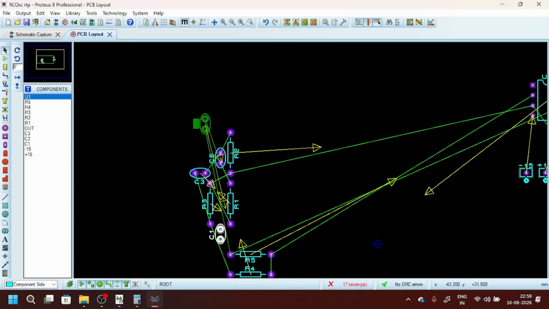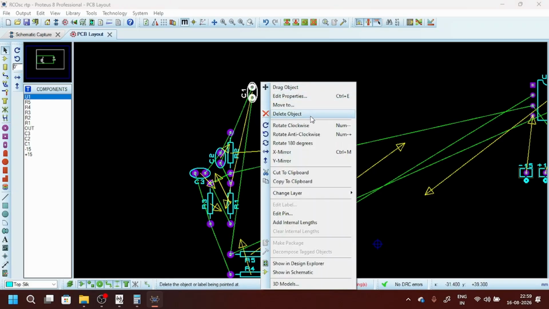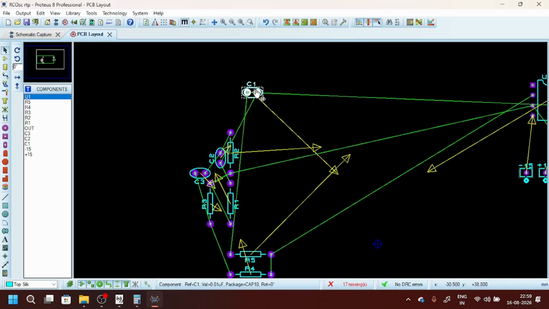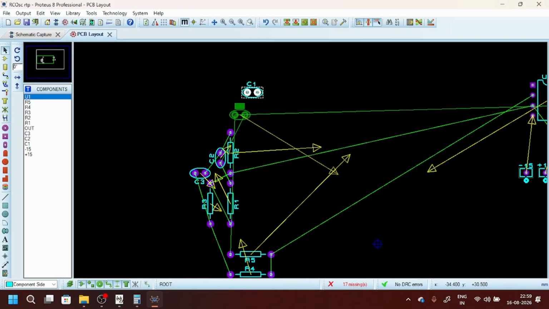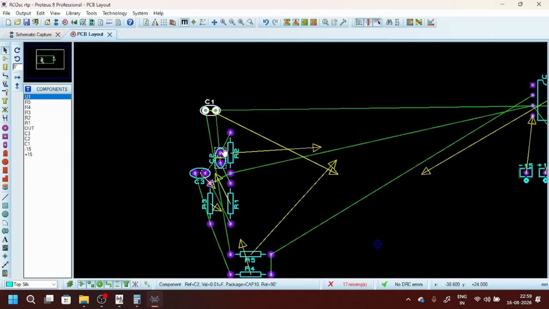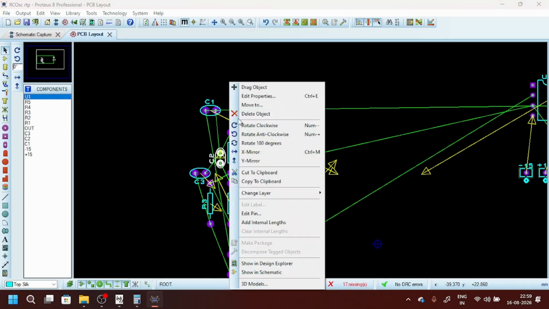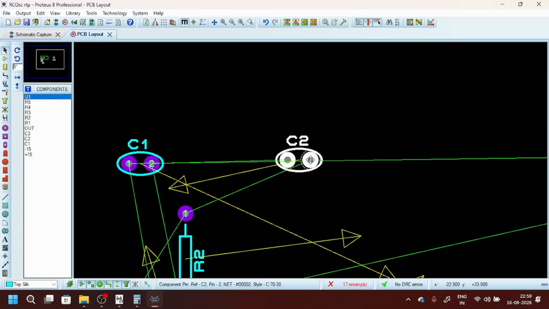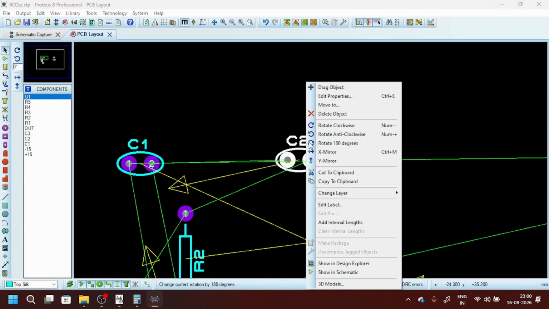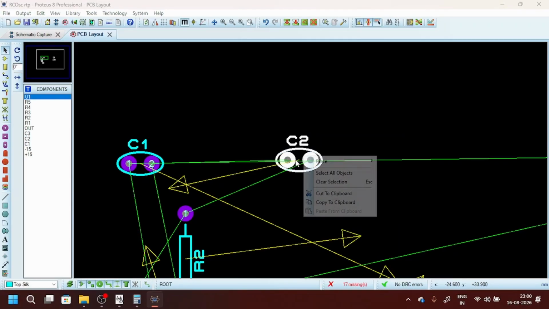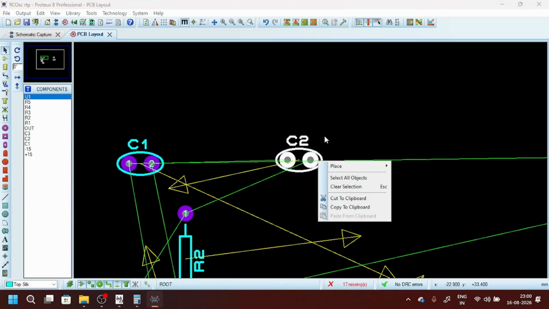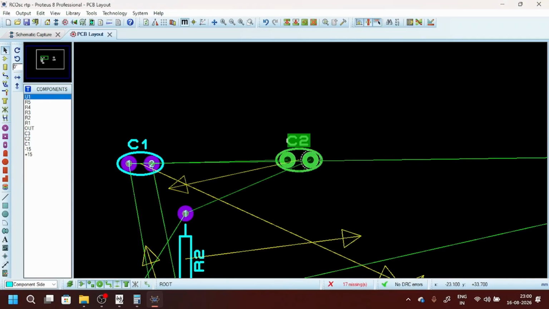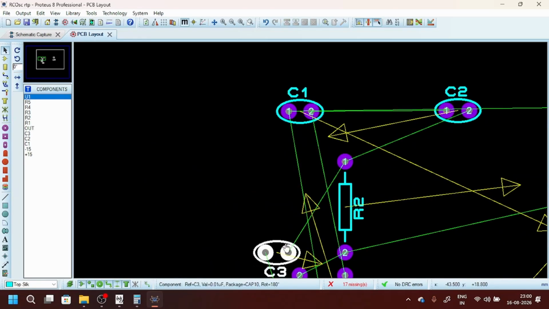So very first thing, C1. I need to create this section, right? So C1, C2, and C3.